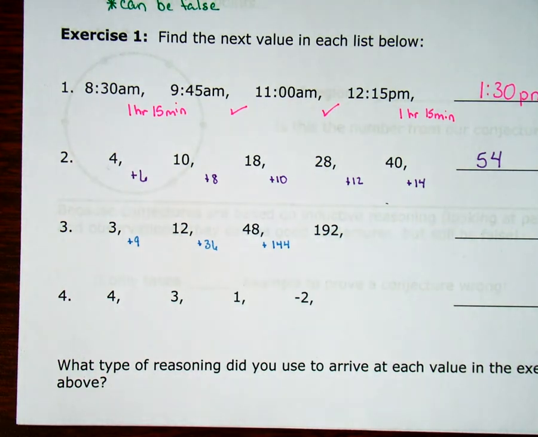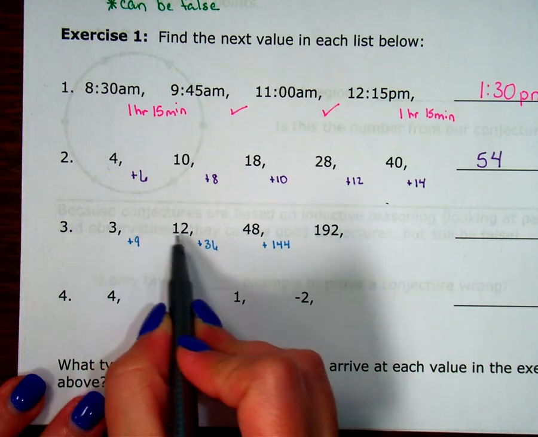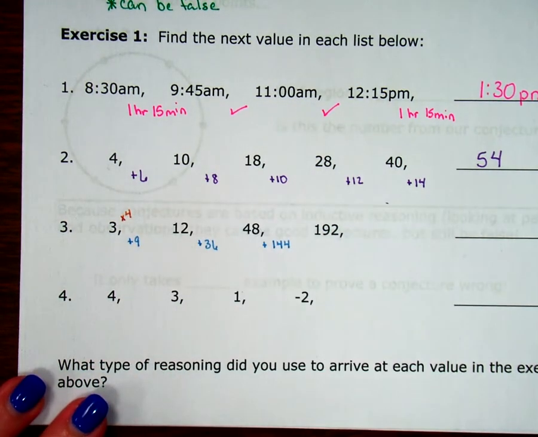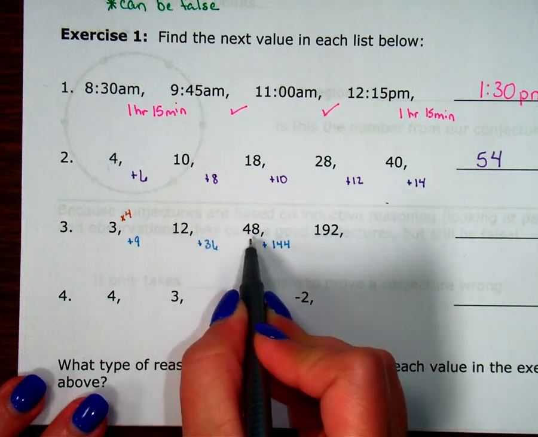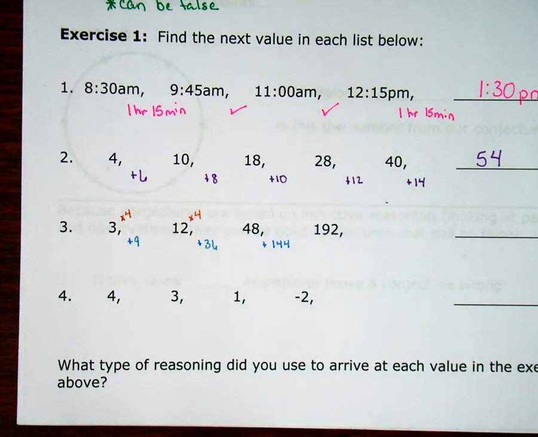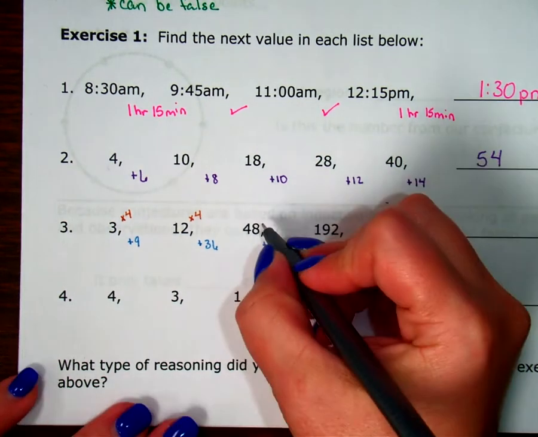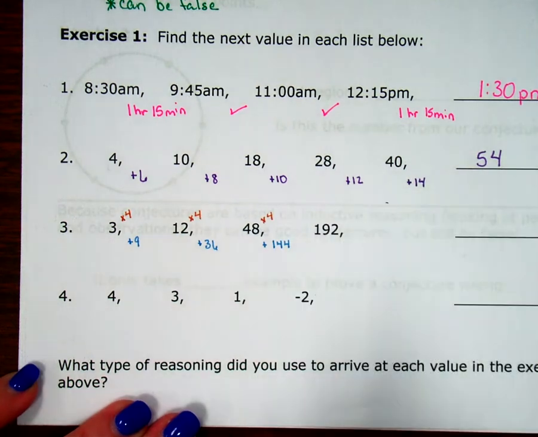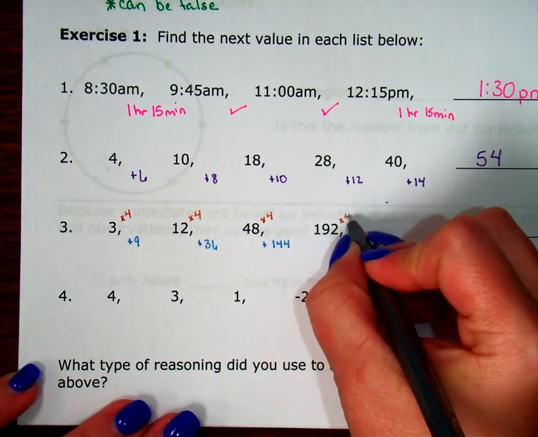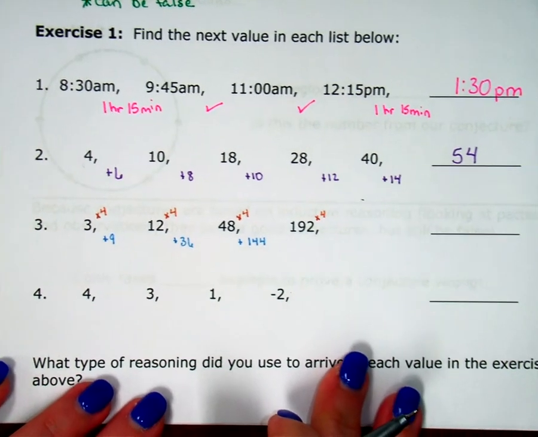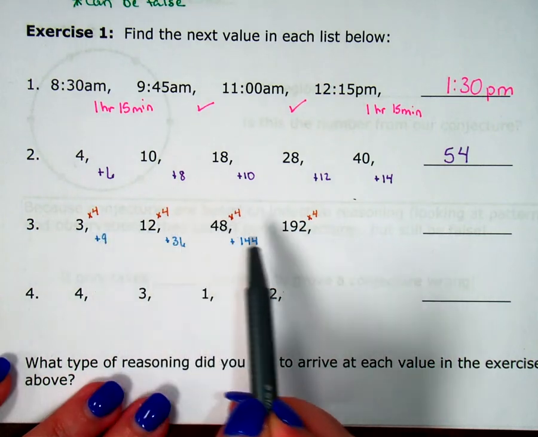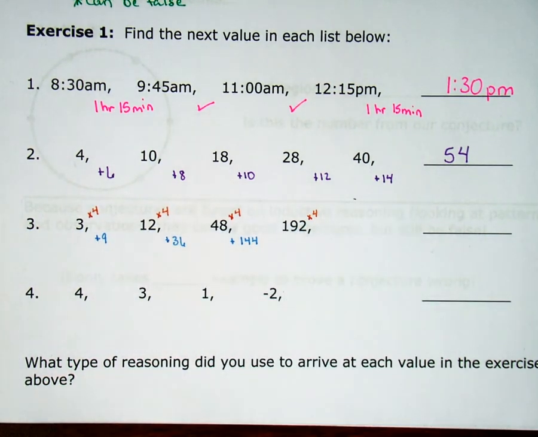So what if we said 3 times something makes 12? Well, 3 times 4 makes 12. 12 times 4 makes 48. Is 48 times 4 also 192? Yes, it is. So it looks like we are multiplying by 4 each time, right? If I was asked to describe the pattern, I would say multiply the previous number by 4. 192 times 4 is 768.